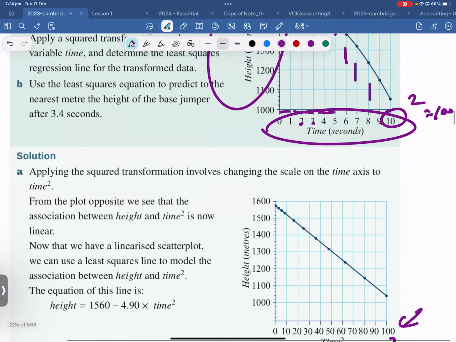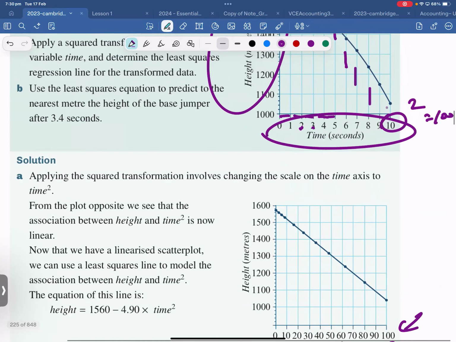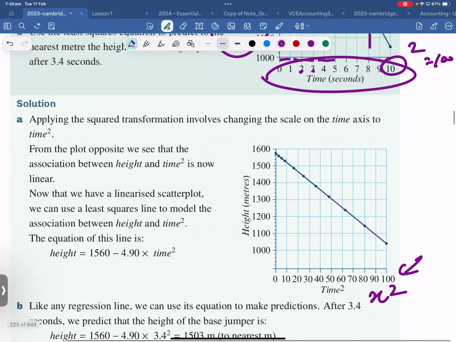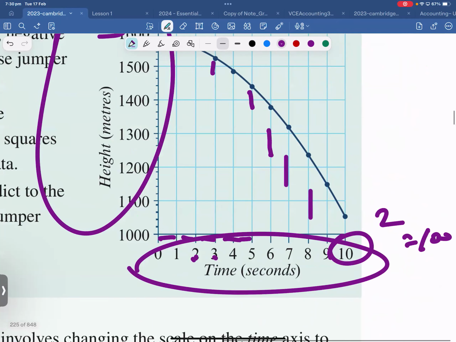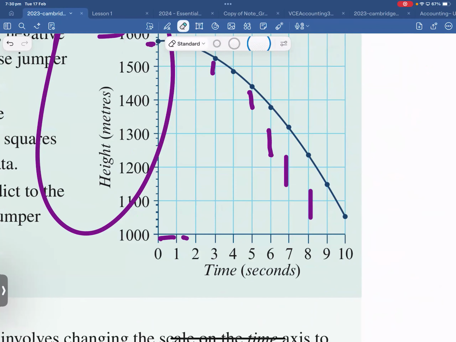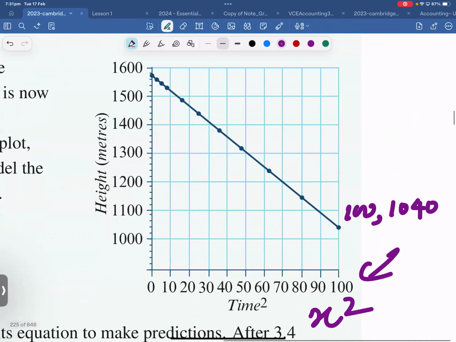So what we are going to plot is 10 squared, and what is the value here? 1050 or something, yes? The x value is 100 and the y value is 1050 or 1040 maybe. Y values would be the same. Instead, for the x value, we use x squared, which is 100.